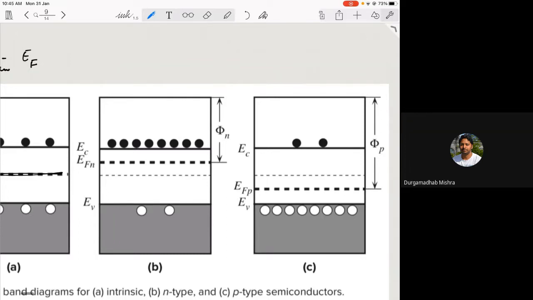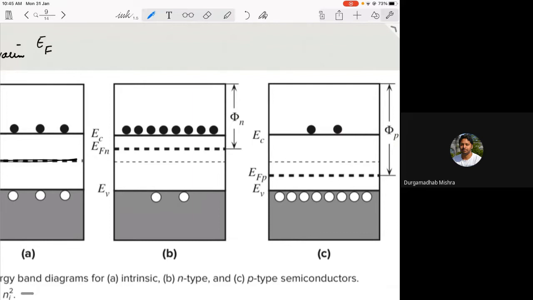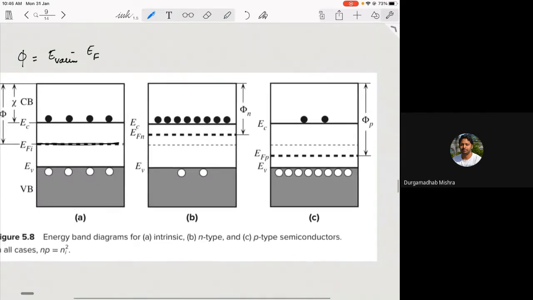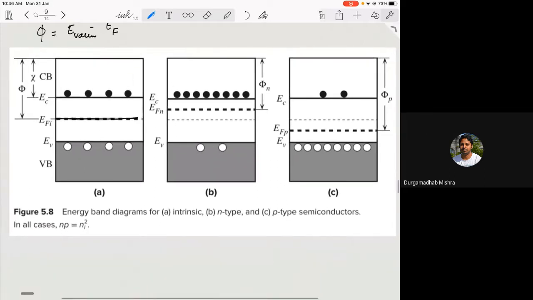So there will be a difference in the position of the Fermi level within the band gap. And it is always within the band gap. It is not going into the conduction band or valence band, so it is a forbidden region for electrons.